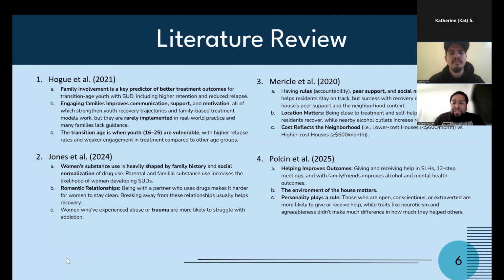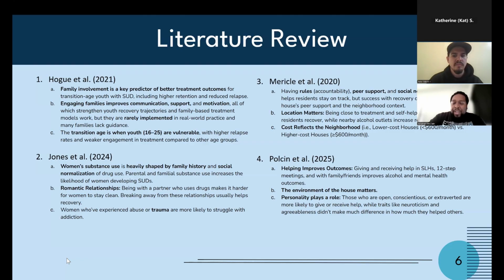That also makes it really important to get the family involved because, depending on where the sober living location is, and whether they're getting large or small peer support networks, we want to make sure that the family is well informed while the loved one is in the sober living environment.